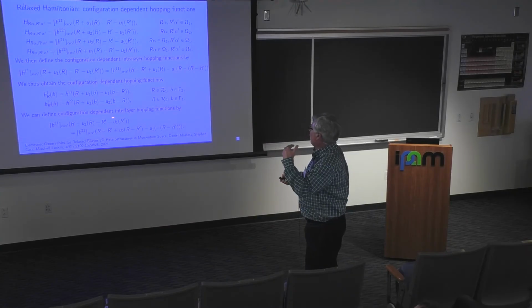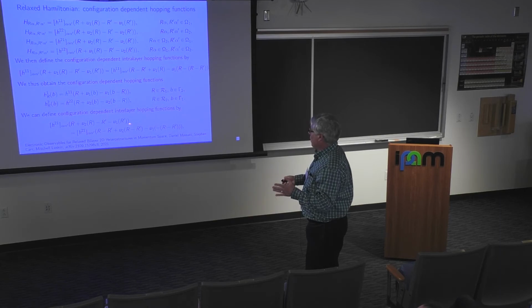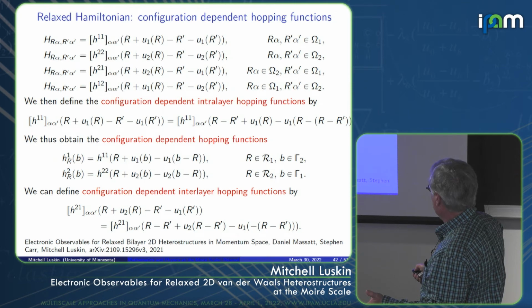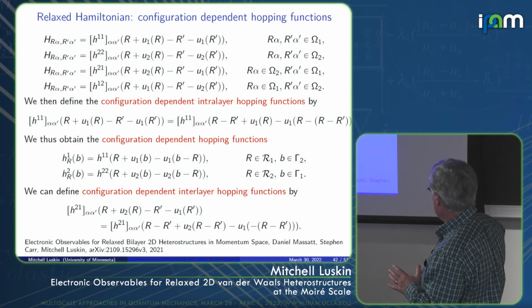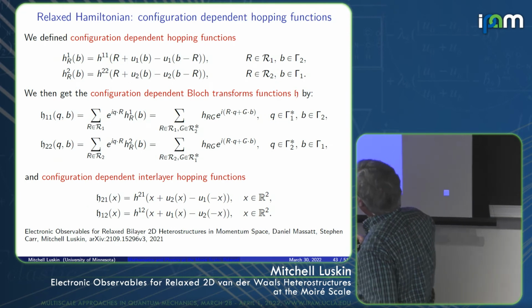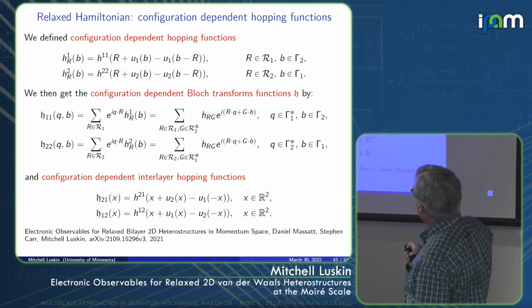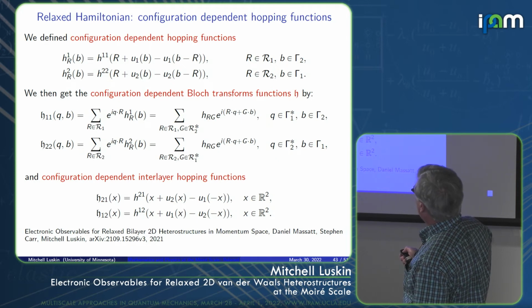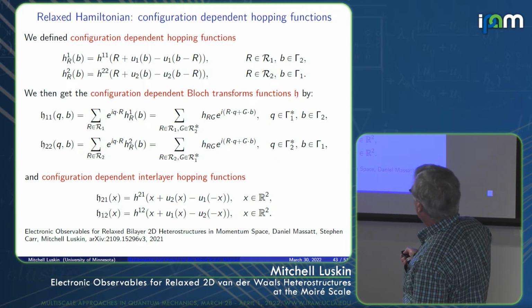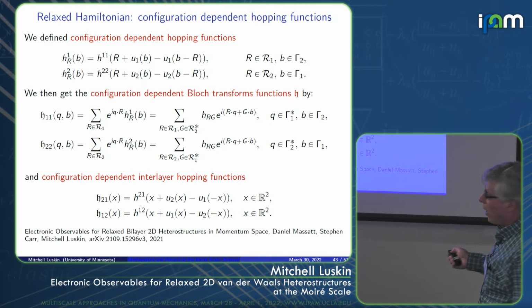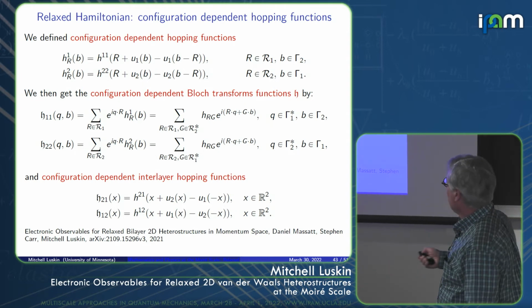Now for interlayer hopping functions, that's a little simpler, and you can write this in this way. So I'm just reviewing. Here are our configuration dependent hopping functions. Now given a hopping function in real space, if there was no relaxation, you would just do the Bloch transform and then solve your problem.